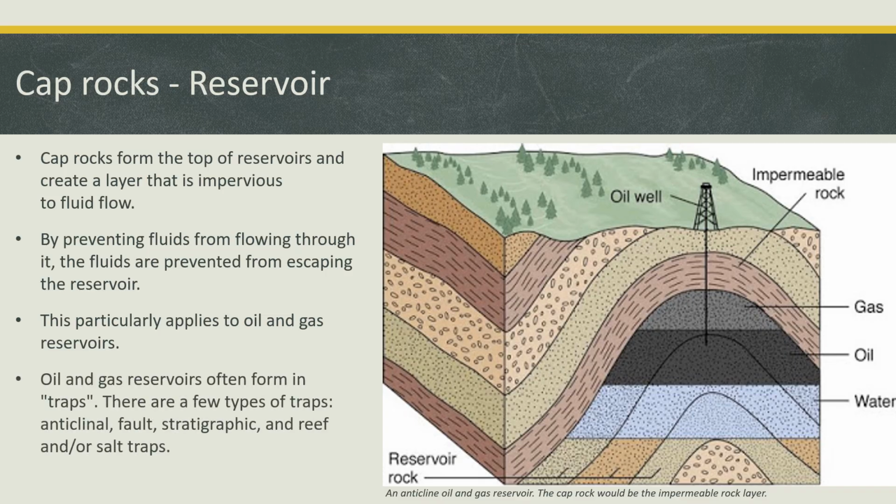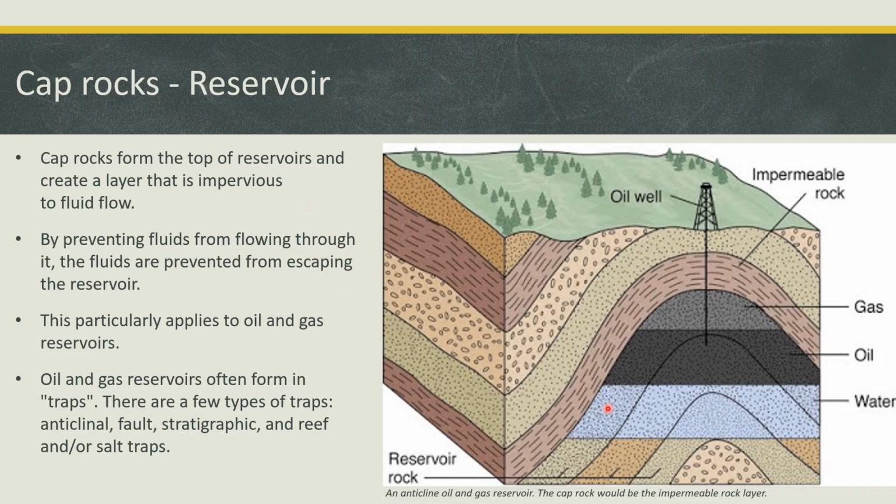So in this slide, we'll discuss how cap rocks work in an oil and gas scenario, or in a reservoir. This is a typical figure of an anticline oil and gas reservoir, and the cap rock is the impermeable rock layer, which you can see in the pink color, and the lithology of it looks like shale.